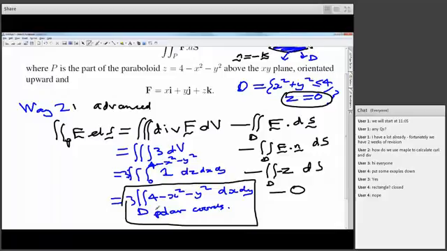What about you guys? Which way would you prefer to do it? If you had the same sort of problem in an exam, would you have done way 1 or way 2? Now, it's easy to see in hindsight when you can see them both in front of you. Okay.